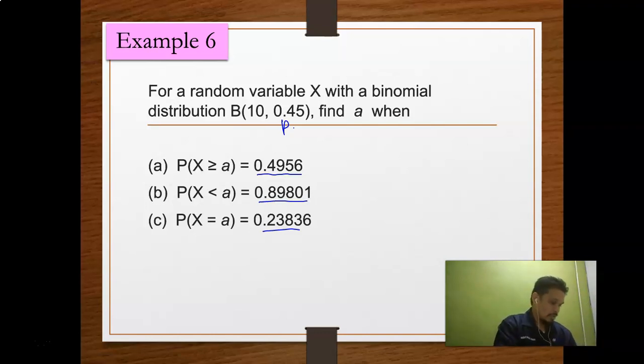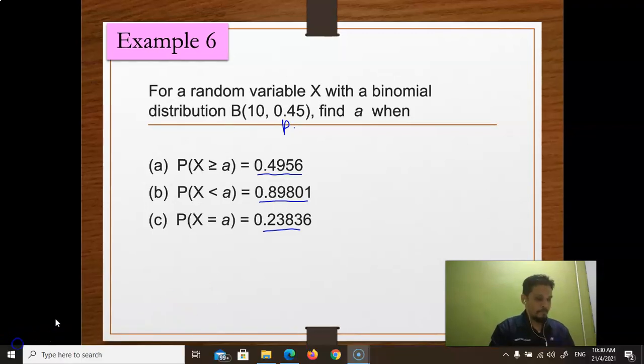0.4956. Okay, where n equal to 10, p is 0.45.